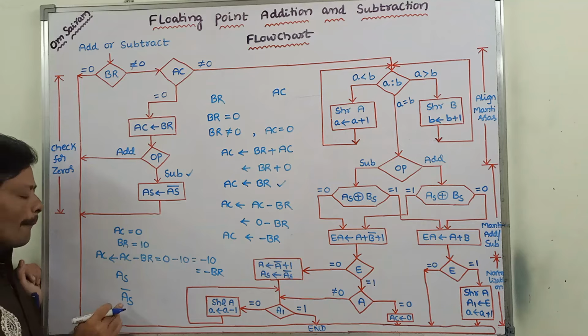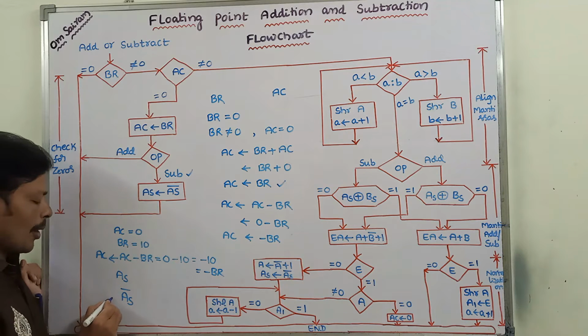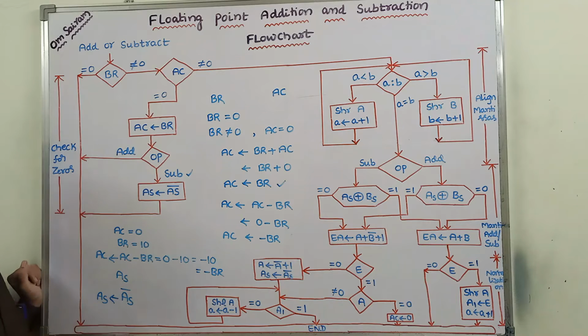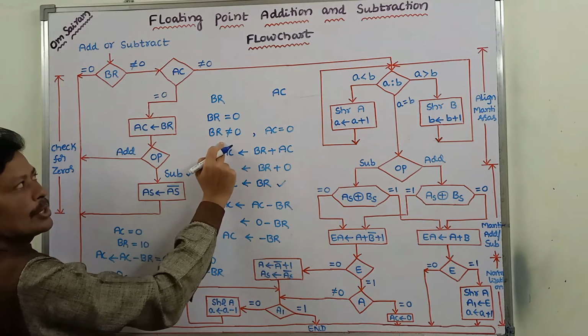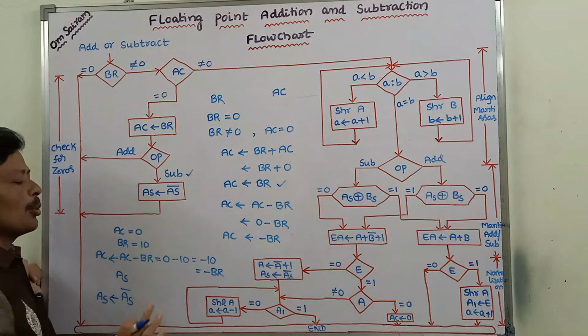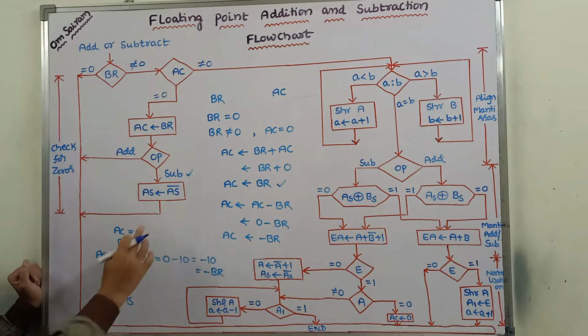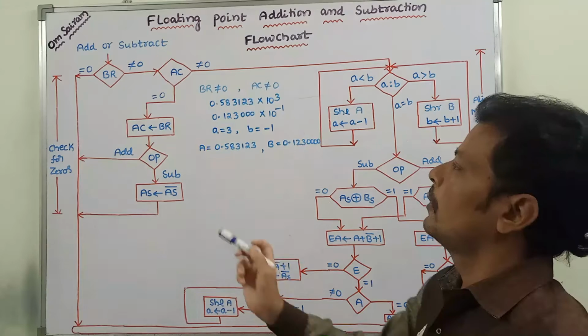The complemented sign bit value of the accumulator register can be transferred to AS while performing the subtraction operation when the BR value is not equal to 0 and the AC value is equal to 0. Then we have to stop the procedure.